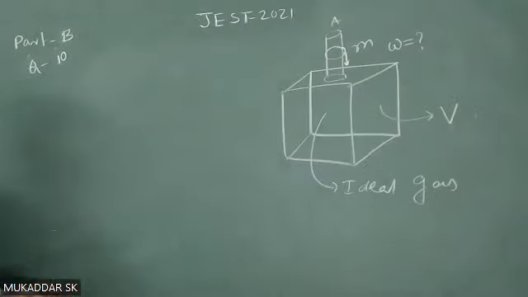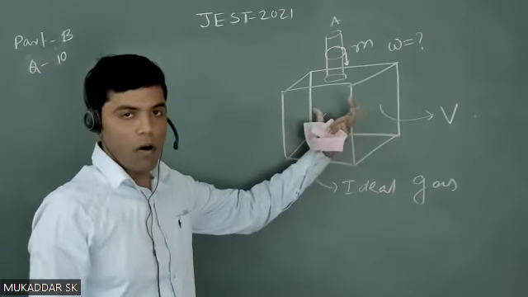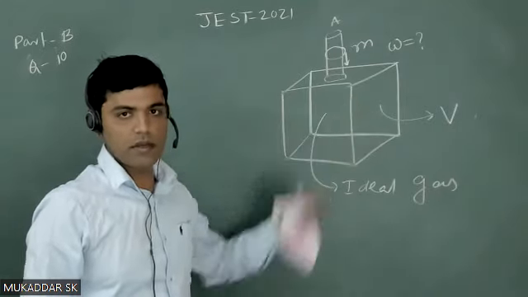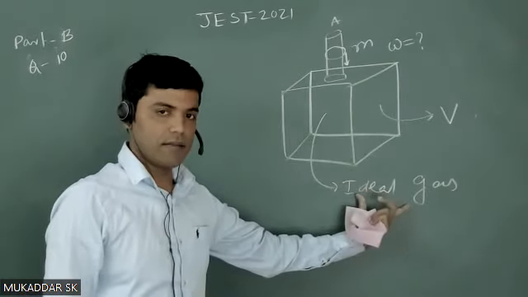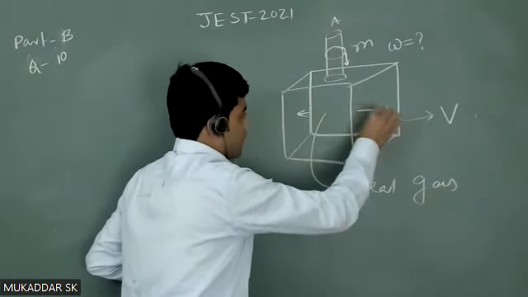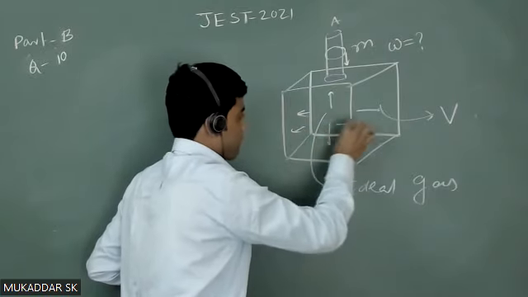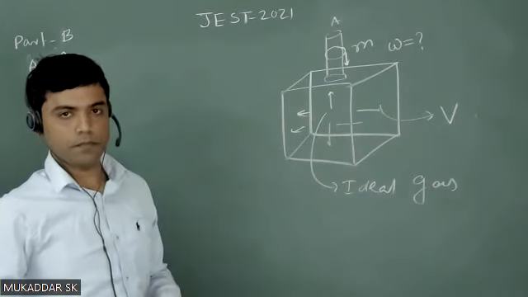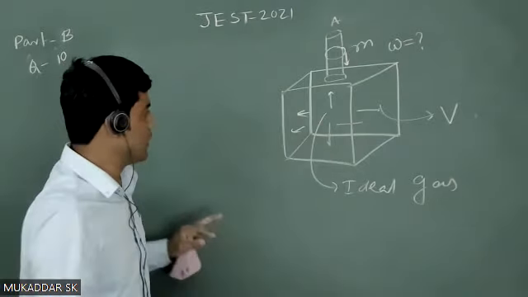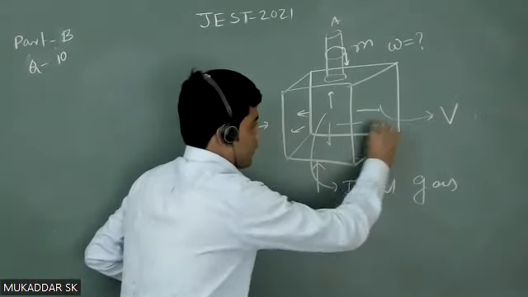As you have seen, inside this box you have an ideal gas, and that is exerting pressure outwards from the center of this box. And this pressure is actually balancing two pressures.